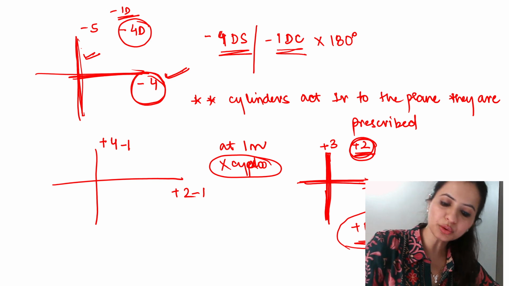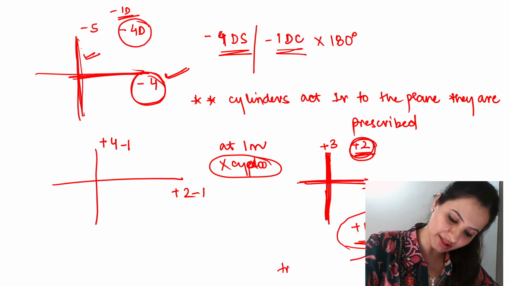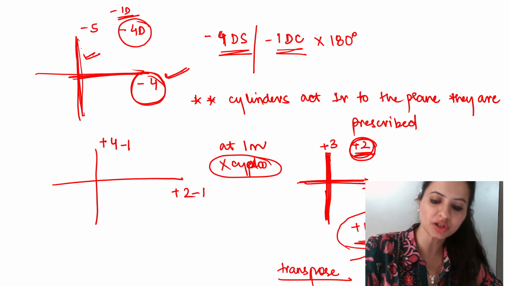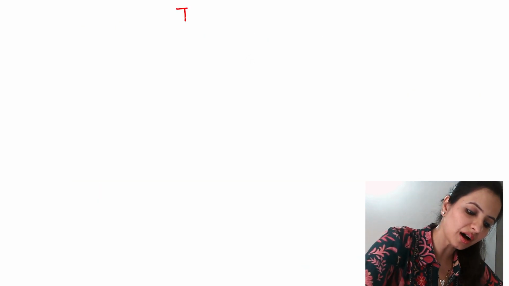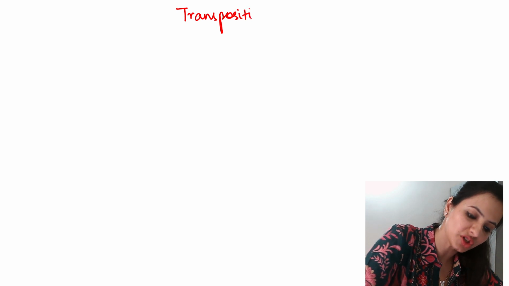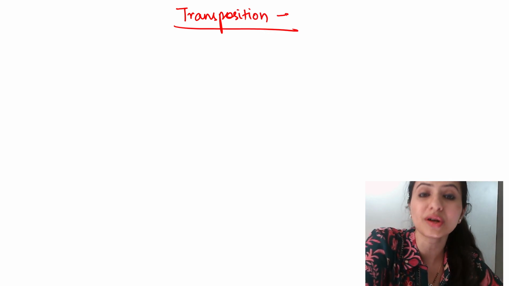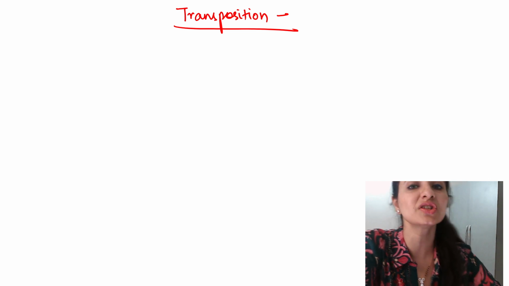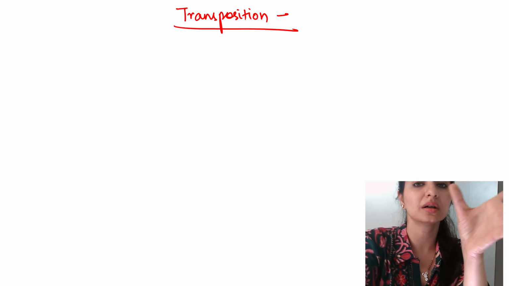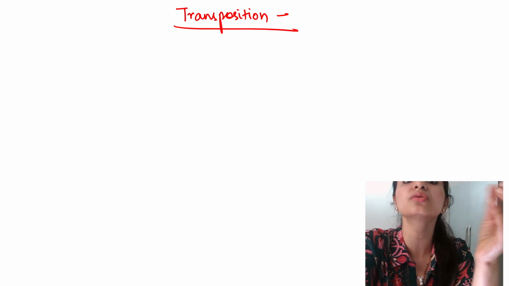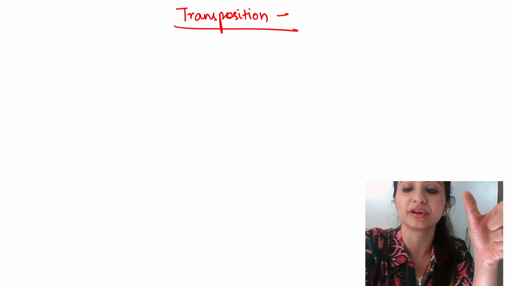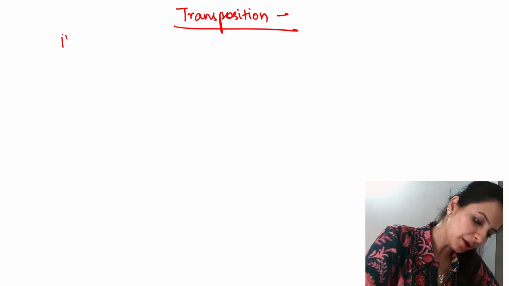So what we can do is we can transpose this. Now, how do we do transposition? So there are certain steps of transposition. You can have a question directly in your exam in which they have given you a spectacle power, and they will ask you to transpose that power. Okay, so now look carefully.